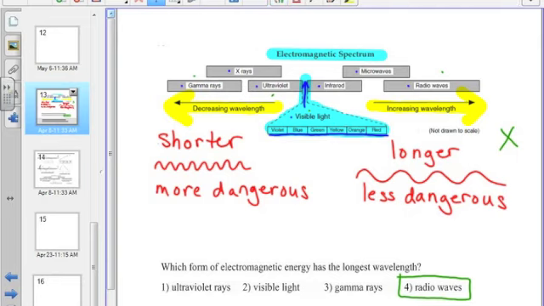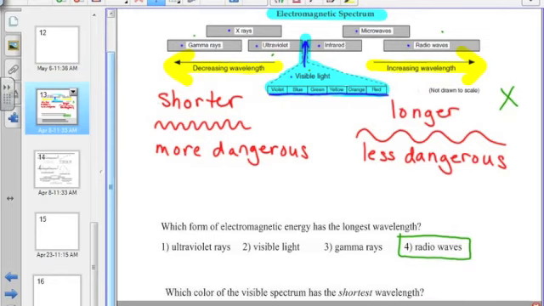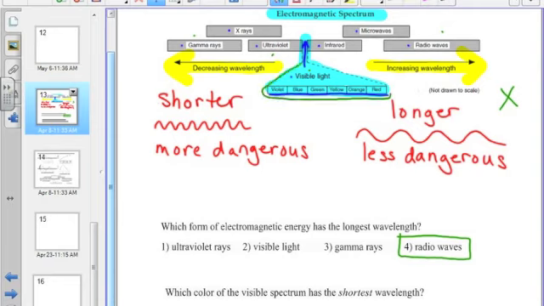Let's take a look at another. Which color of the visible spectrum has the shortest wavelength? Well, now we're in the visible light spectrum. Okay, remember, we're going to be in this particular slice right here. And again, it's arranged in order of wavelength.